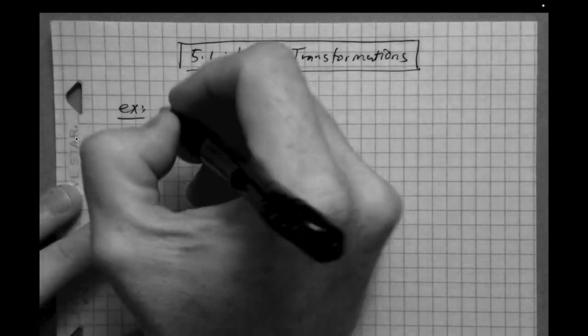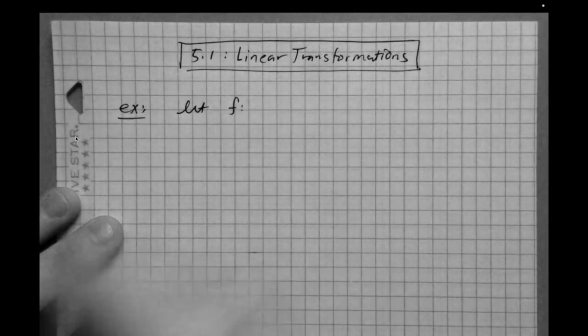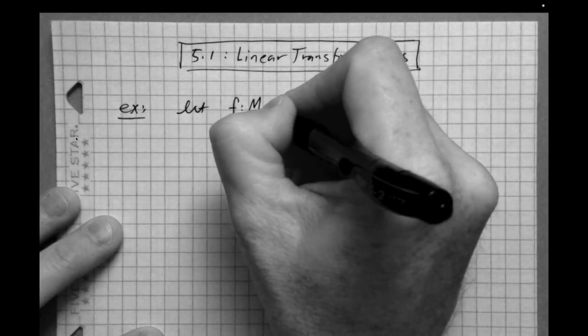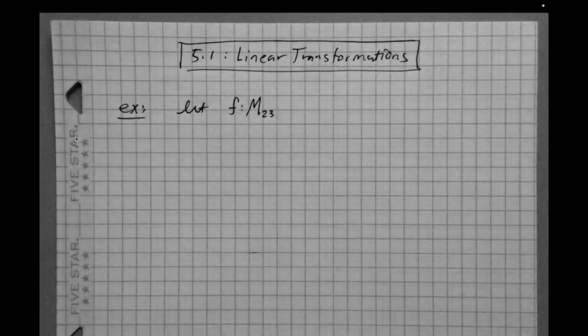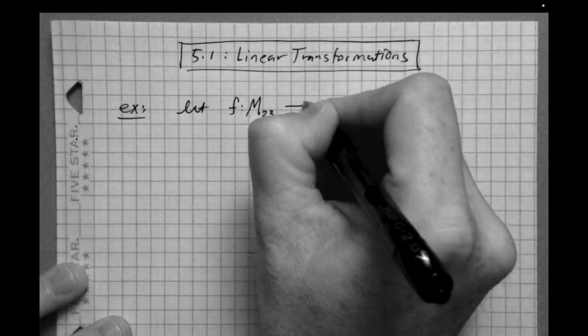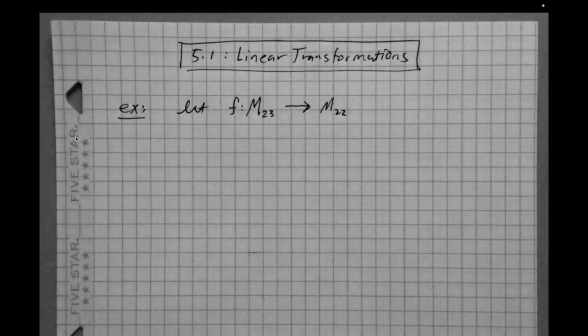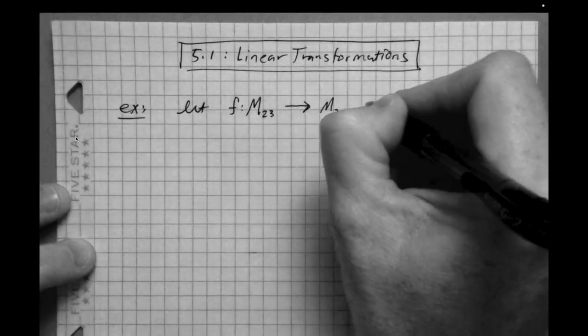Let's say I have a function, and we'll call it f, and it's going to be a function from M23, which is the vector space of 2 by 3 matrices, to M22, the 2 by 2 matrices. So f is a function that maps a 2 by 3 matrix into a 2 by 2 matrix. And we have to, of course, define it.